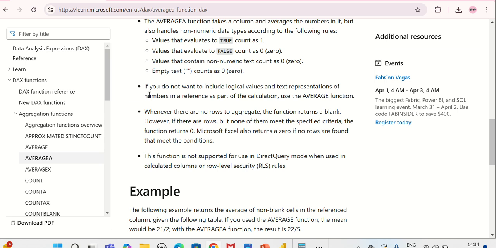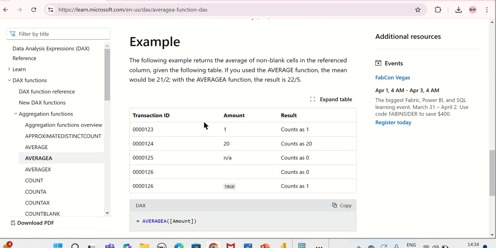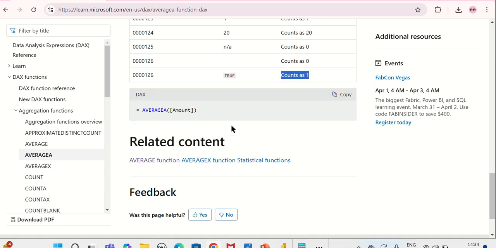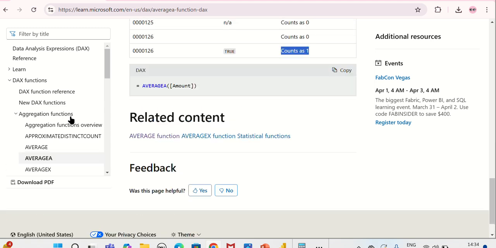In AVERAGE and AVERAGEA, both will calculate the same in this example. This is the transaction ID, this is the total amount. We have NA values and true values. The blanks will be taken as zero, same as AVERAGE, and if it is true, it will count as one. This is the syntax of AVERAGEA.